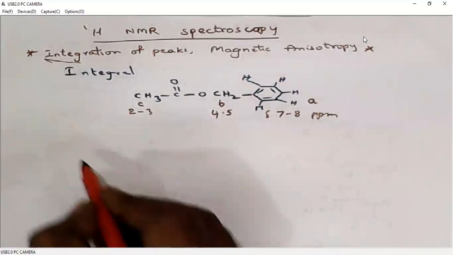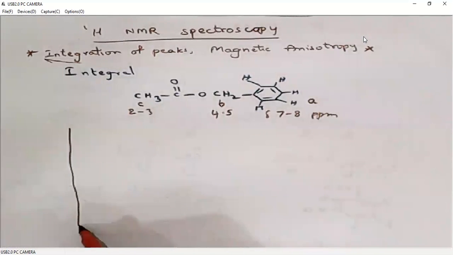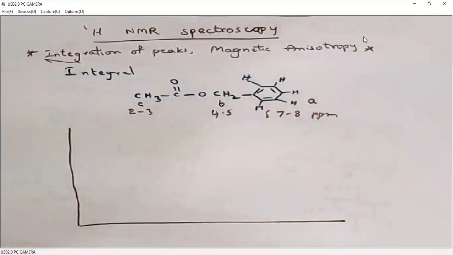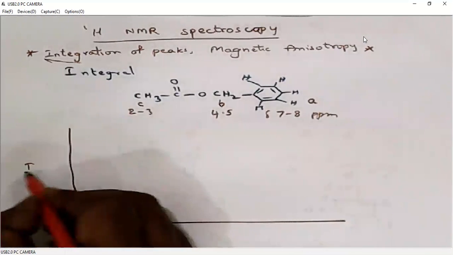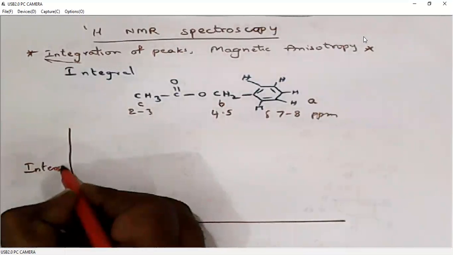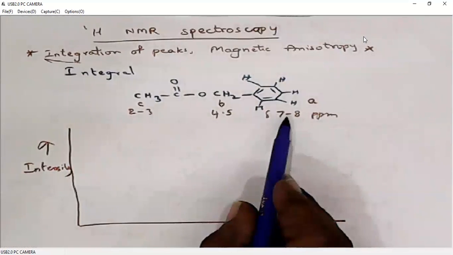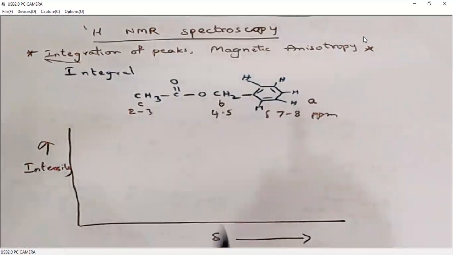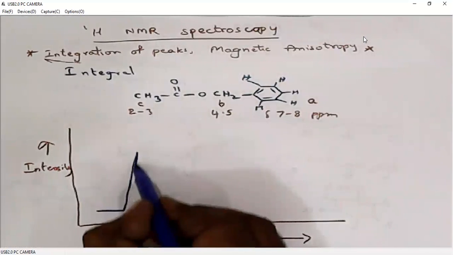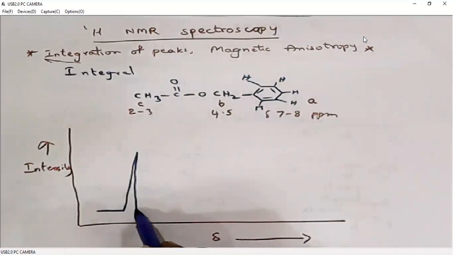Now, in the proton NMR spectrum, we have intensity on the y-axis and delta value on the x-axis, right? So in this spectrum, we expect 3 peaks. This peak will be for around 5 protons, at the highest delta value.